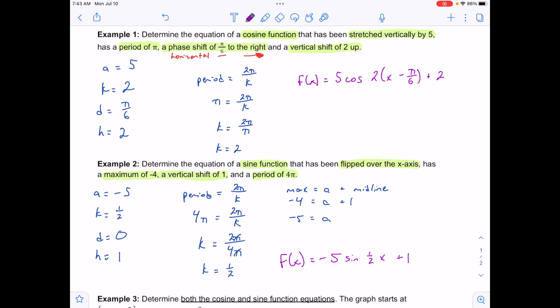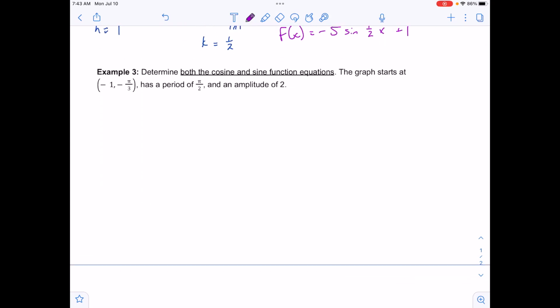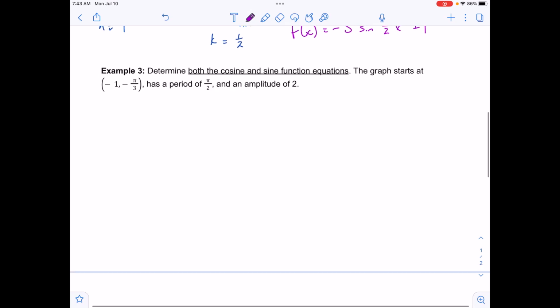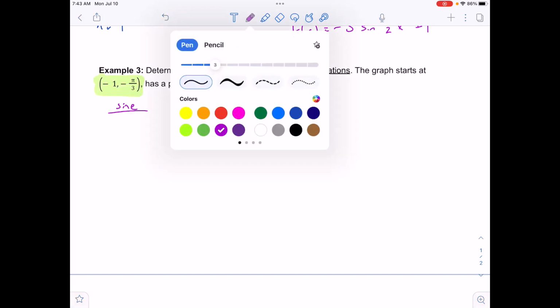All right, let's do our last example here, and this one's fun. We have to find both the cosine and the sine function equations. Let's start with doing our sine first. No problem. Okay, what we know is that the graph is starting at -pi/3, 1.